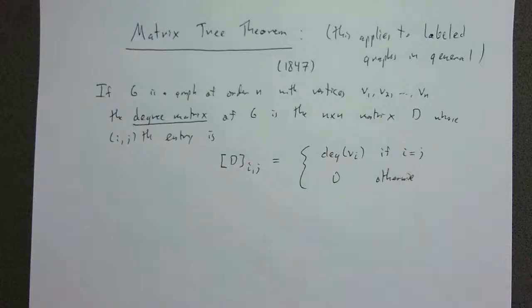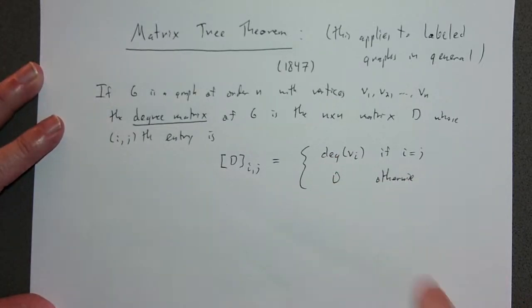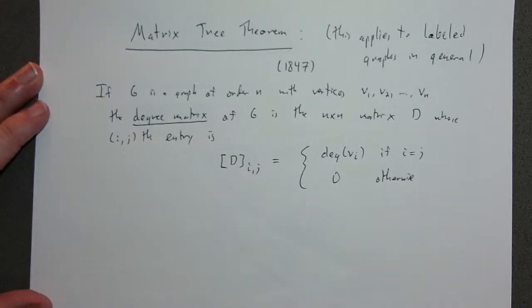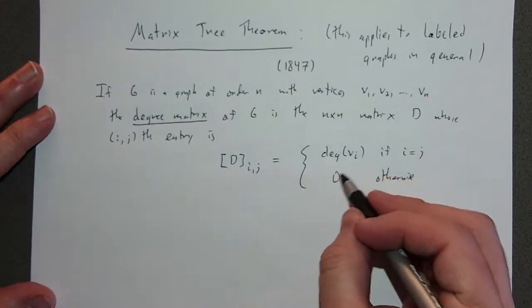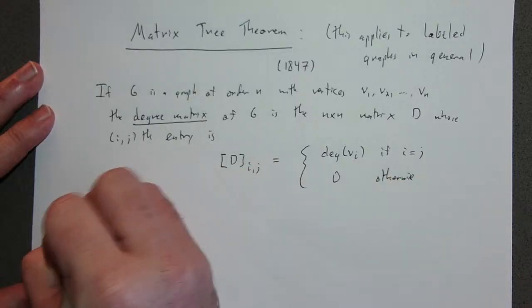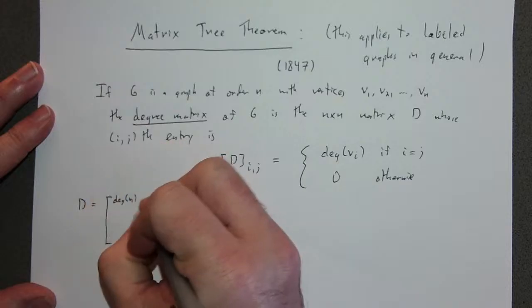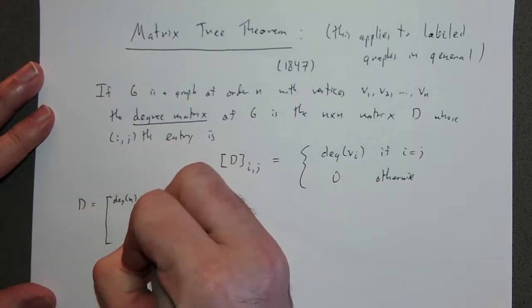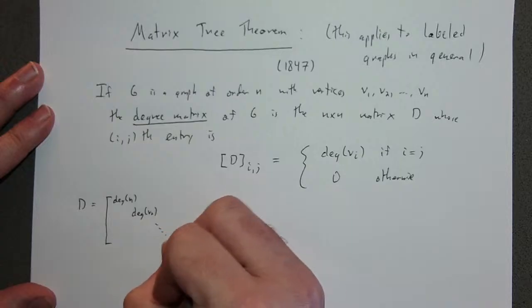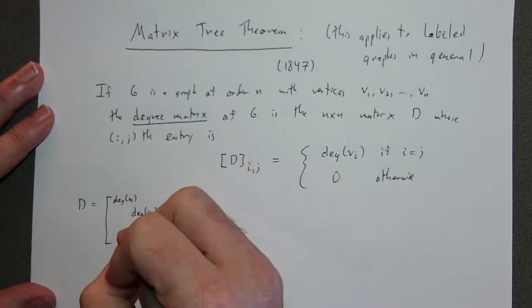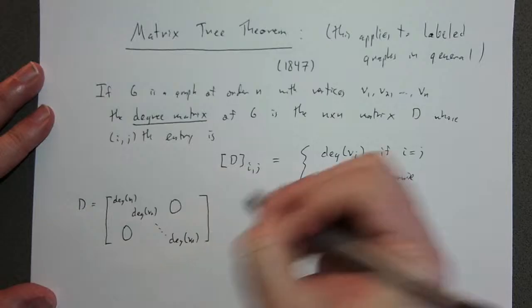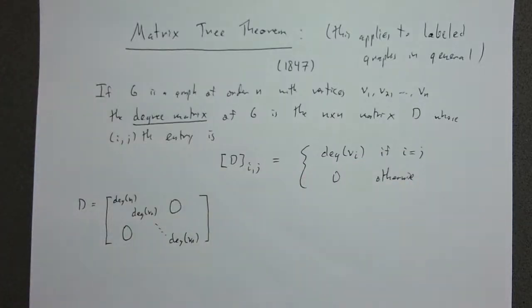So we use D not just because it's the degree matrix, but also because this is a diagonal matrix. This is the matrix that contains the degrees of all the vertices on the diagonal and 0 everywhere else. So what does D look like? It's the degree of v1, degree of v2, so on down to degree of v sub n, and it's 0 everywhere else. Okay.